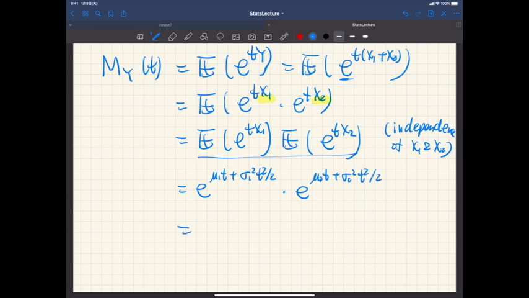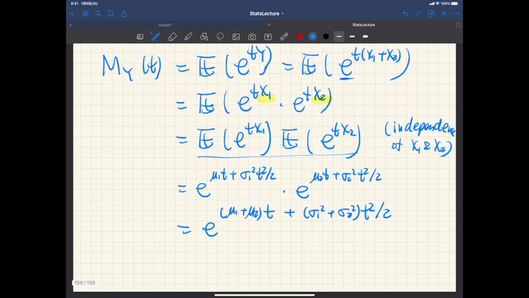Now let's combine these two, and we have exponential of mu1 plus mu2 times t plus sigma 1 squared plus sigma 2 squared times t squared over 2.